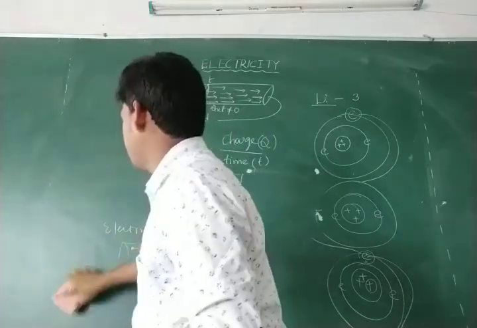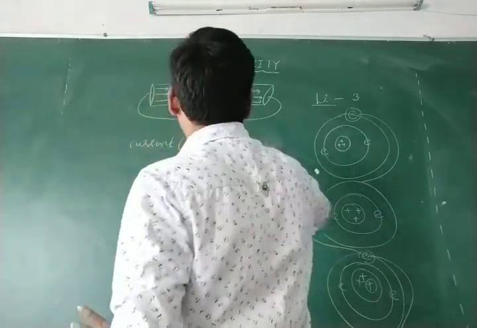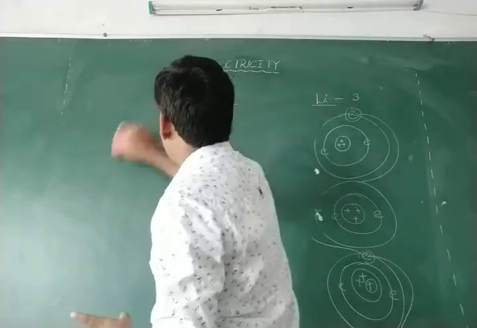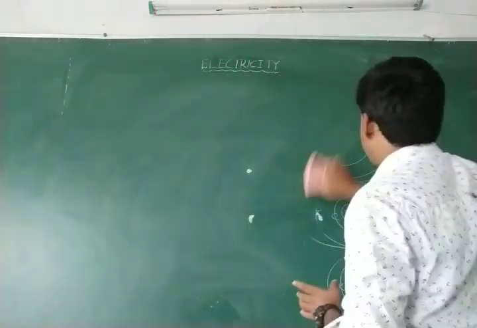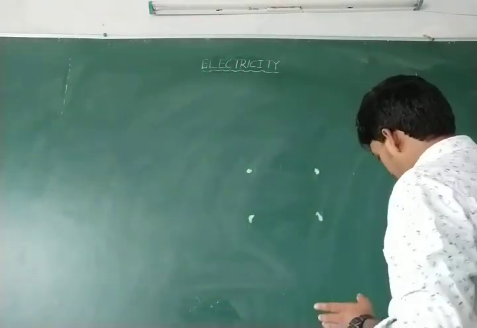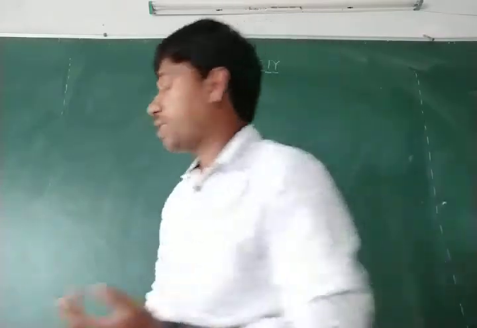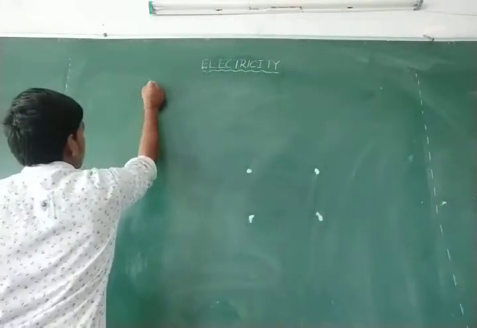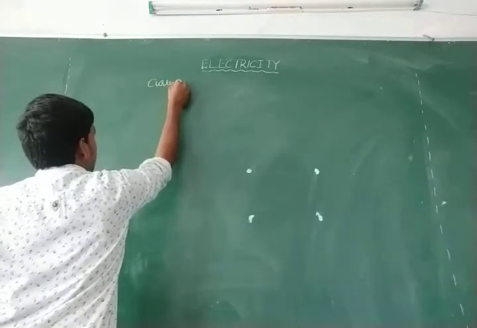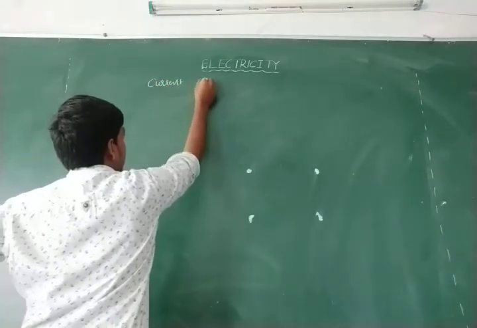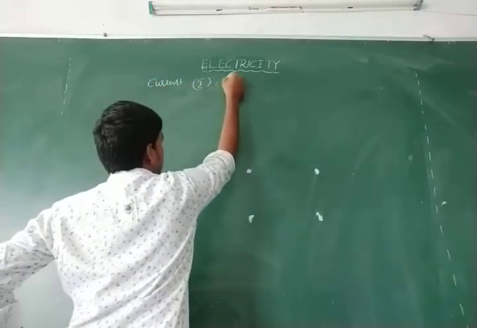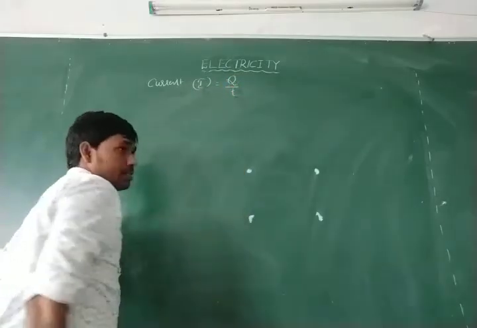Coming to the SI unit of electric current, from the formula we will define it now. Listen. Already we know current I is equal to charge upon time t.